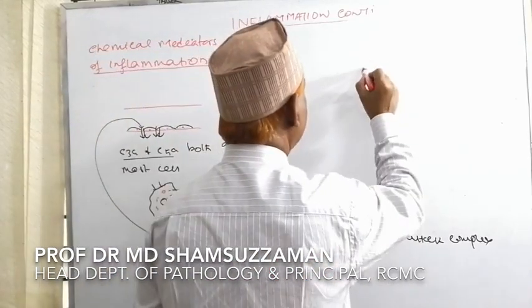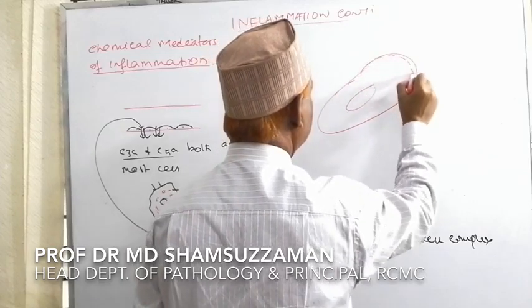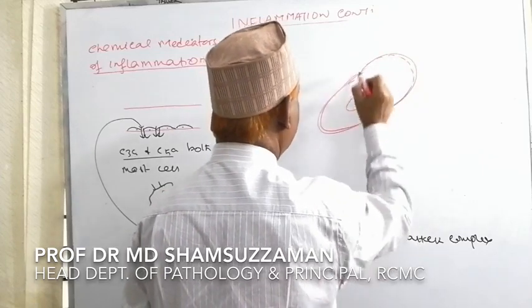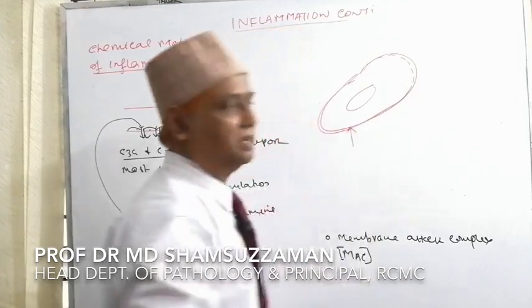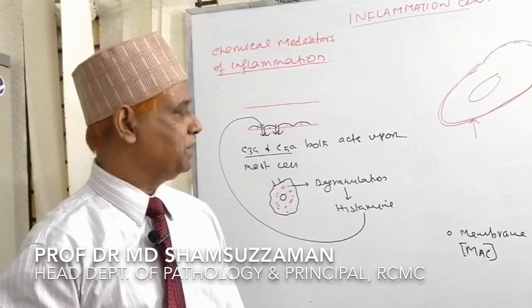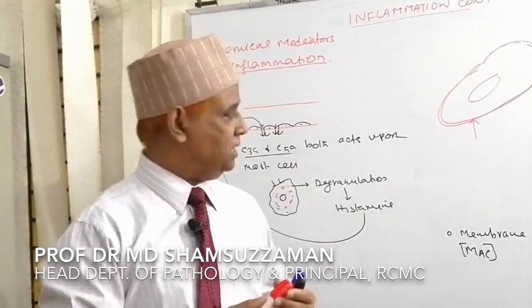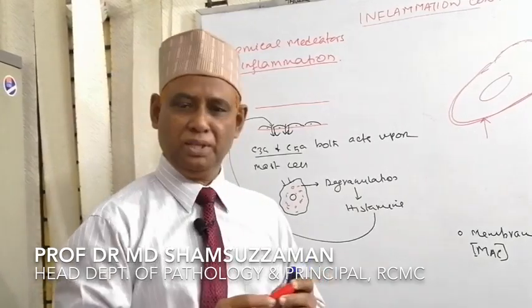Suppose this is bacteria and this is the bacterial membrane or wall. This MAC acts upon it and causes lysis of bacterial membrane. So these are the roles of complement system in inflammation. Dear audience, today up to this, thanks all.